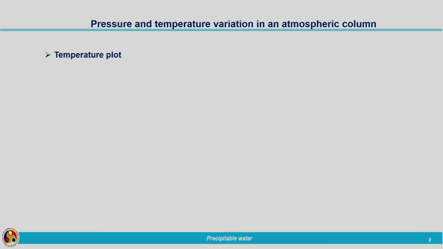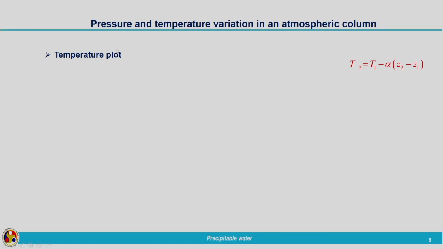Now we are going to see the schematic representation of this temperature and pressure variation as we go to higher altitudes. Our relationship for T2 and T1: T2 is equal to T1 minus alpha times Z2 minus Z1. You can see T2 is T1 minus some quantity. So, definitely the temperature at a higher altitude will be less than T1.